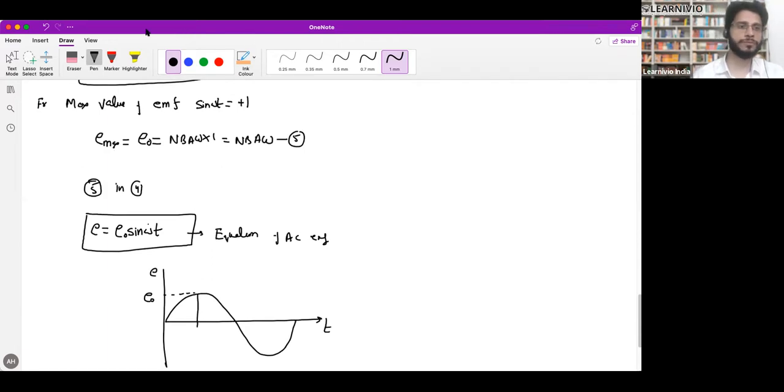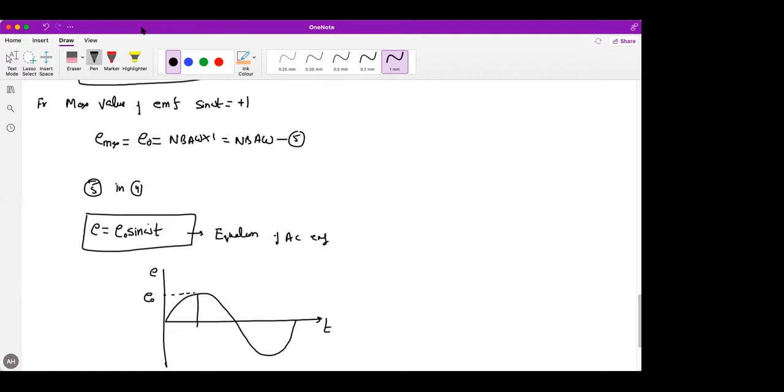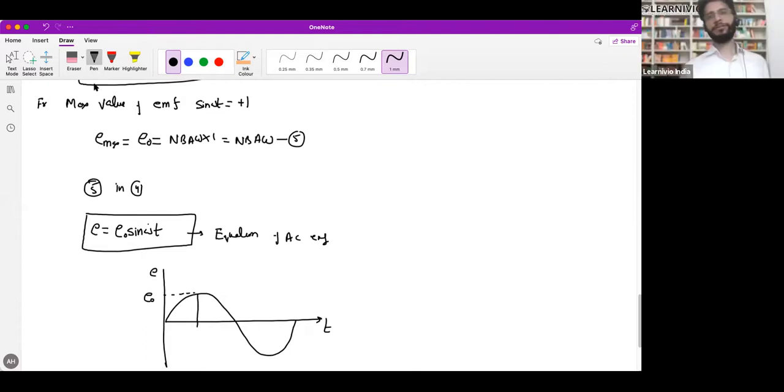This is the equation of EMF. Yes, written. Yes, sir.